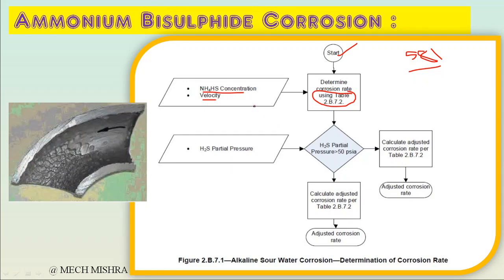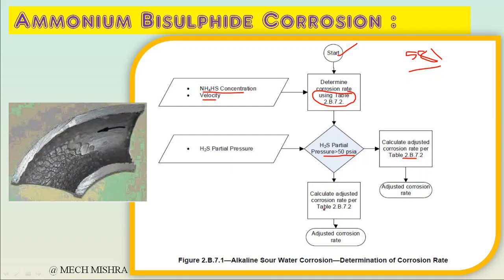2.B.7.2. Now, if the H2S partial pressure is greater than 50 psi, then calculate the adjusted corrosion rate as per this table. Adjusted corrosion rate means that if the partial pressure is greater than 50 psi, then we have to adjust the corrosion rate using the formula given in this table.